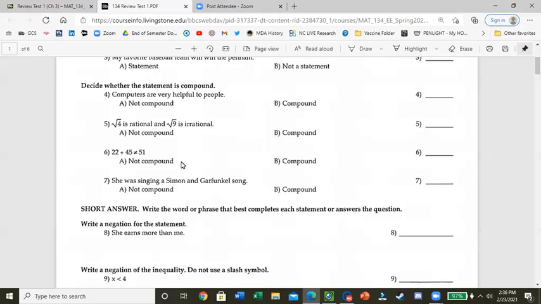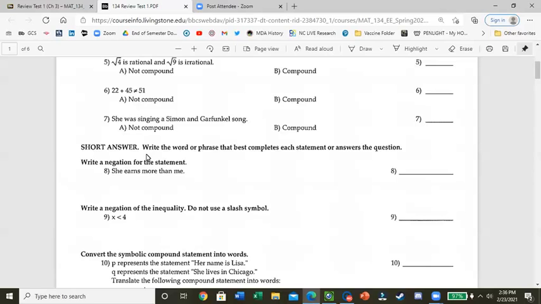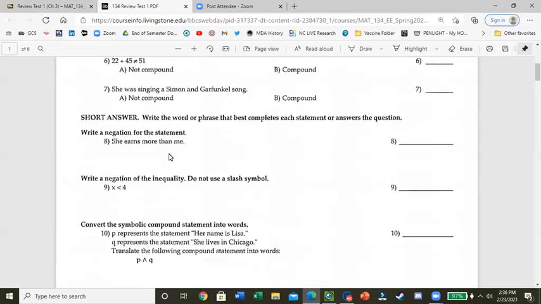That is also a compound statement because you got a statement, and then a connective, is not equal, and then another statement. So that is considered compound. Okay. Simon and Garfunkel song, not a compound statement because Simon and Garfunkel is the name. It's not a statement, connective, statement. So that is not a compound.